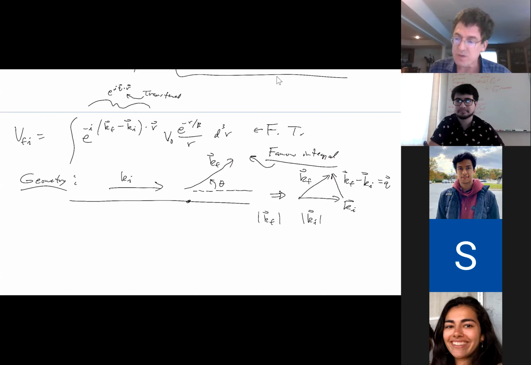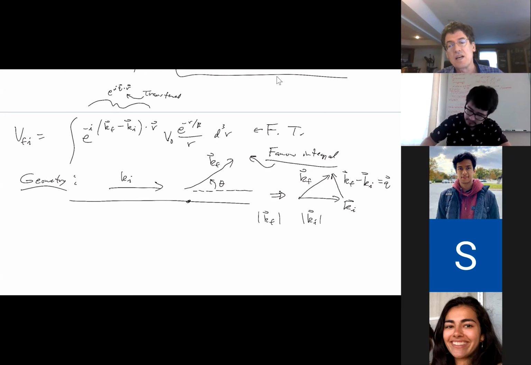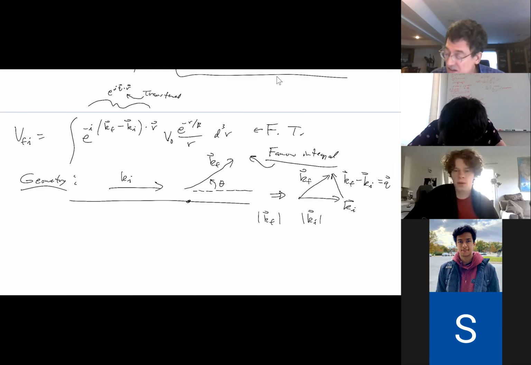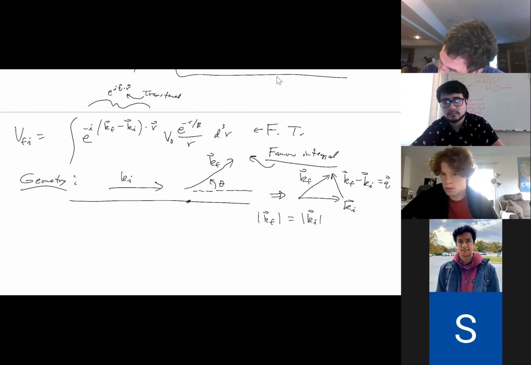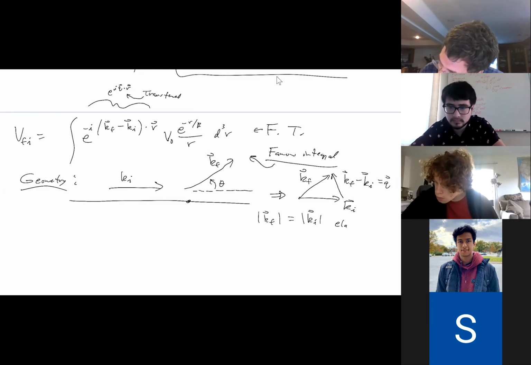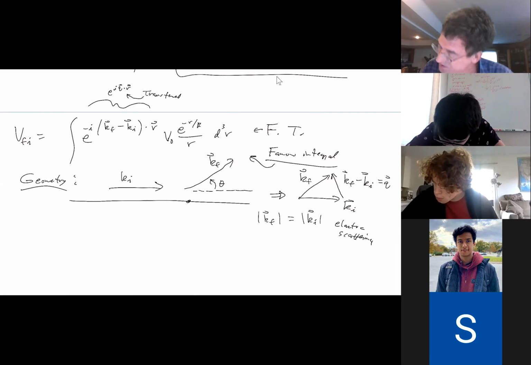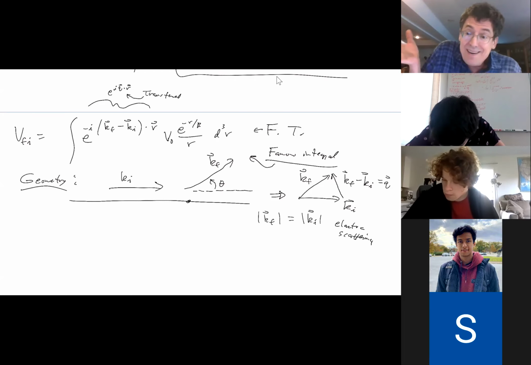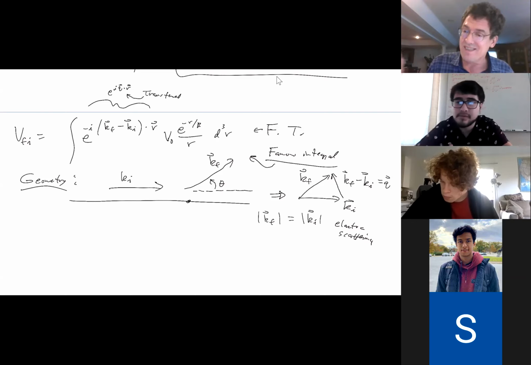We discussed this already. What's the relationship between those guys? They're equal? Yes, because we assume it's elastic scattering. Energy is conserved, elastic scattering. You've heard that term before. But k_f minus k_i could be quite different.